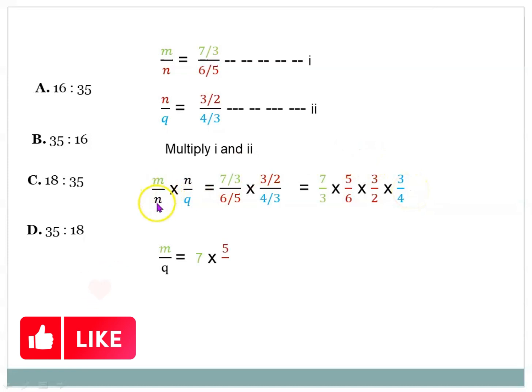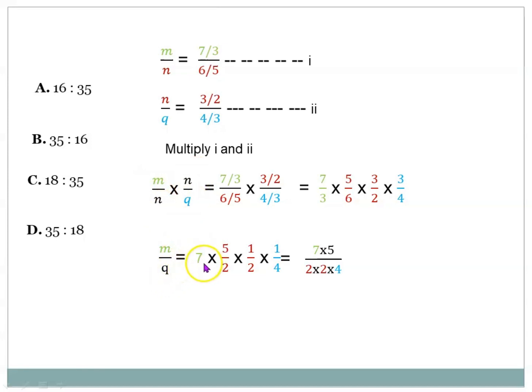Now we cancel n out, so it will remain m over q. Equal to, here we see that 3 goes into 3 one time, and 3 goes into the other 3 one time, right? That's why we have 2 here, and here it remains 1, and here it also remains 1.